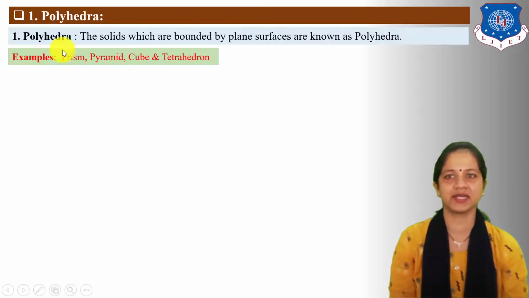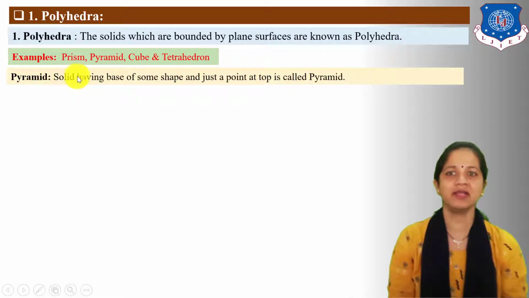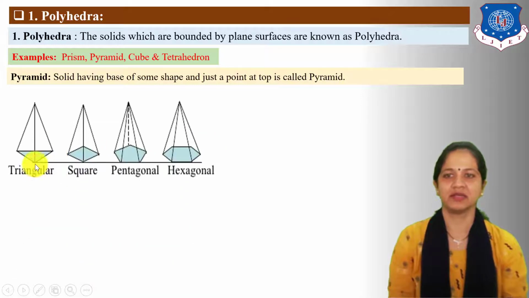Next, let us understand pyramid. Pyramid is a solid having base of some shape and just a point at top. Here you can see the examples of pyramids. This is triangular pyramid. The shape of base is triangle.